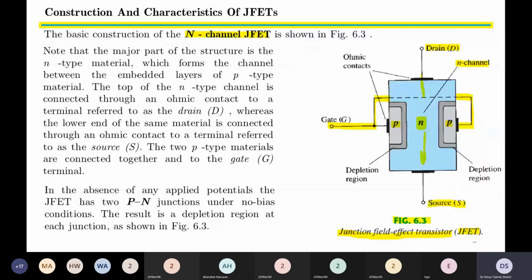The FET has a channel through which current will flow, and on both sides there will be material of the opposite type that will create an electric field, and this electric field will control the current flowing from drain to the source.